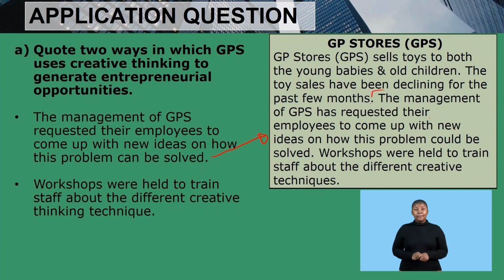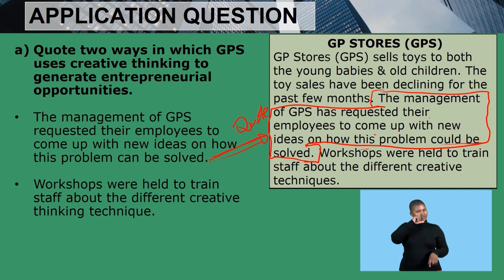Right, the management of GPS has requested their employees to come up with new ideas on how this problem could be solved. I hope you can see, all of this is a quotation. Can you see? It was taken as is. It's a quote, taken word for word from the scenario, no changing, no addition.